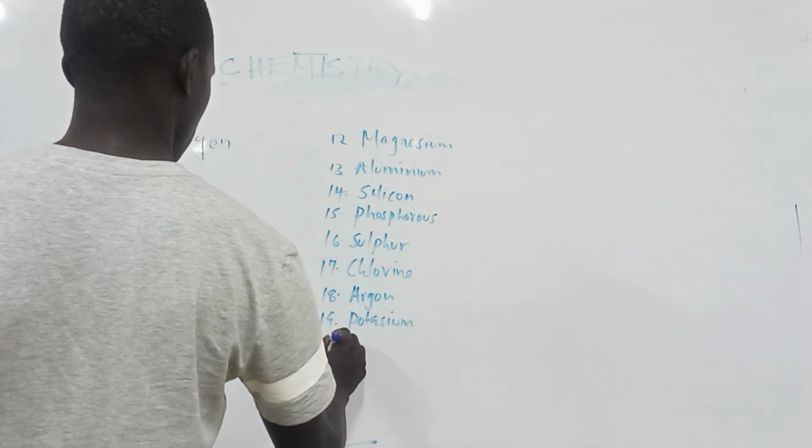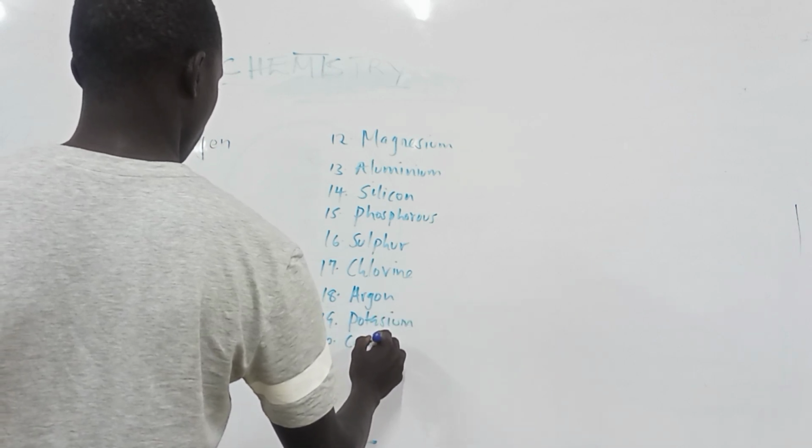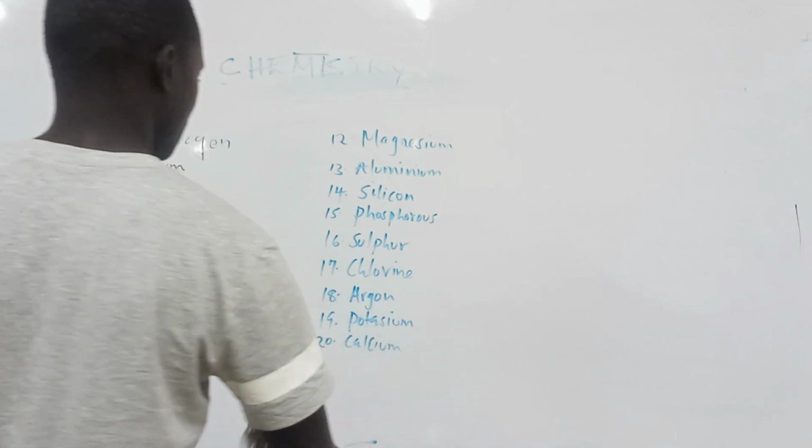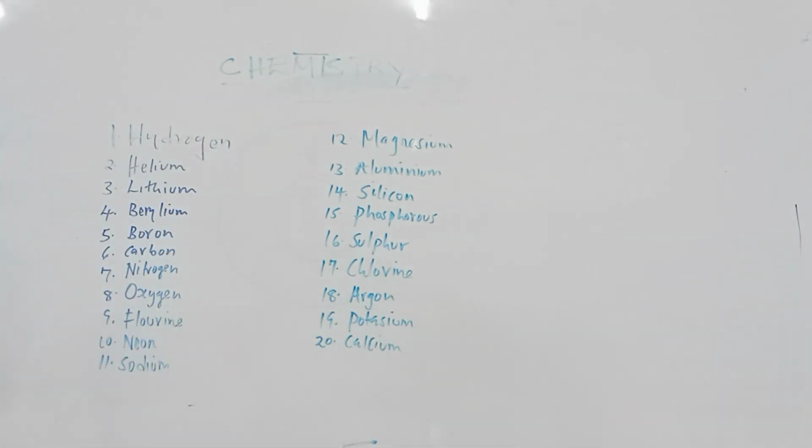Then 20, you have calcium. So these are the first 20 elements of the periodic table.